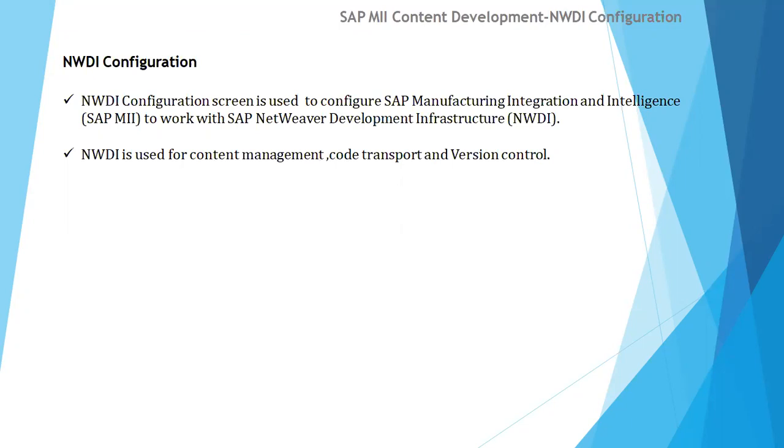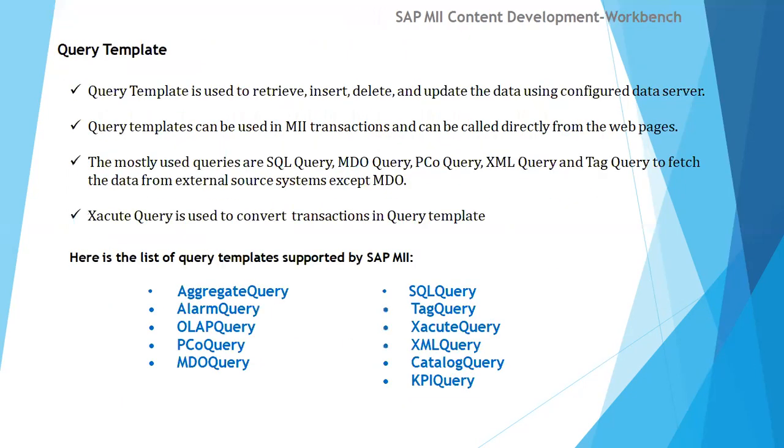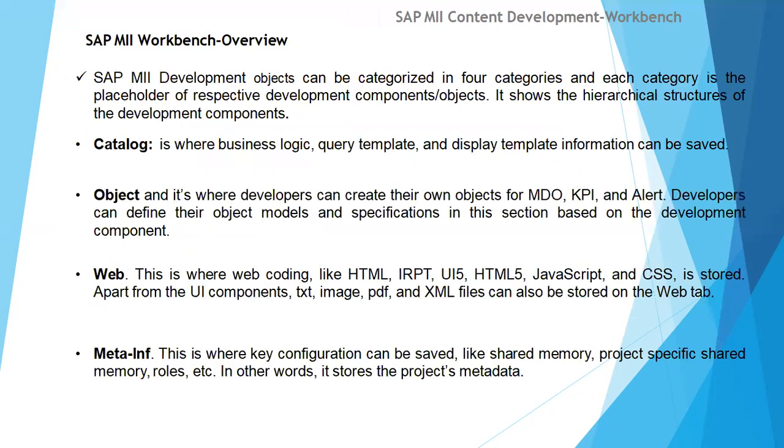To integrate to a development server, you need to provide the NWDI track, and then you have to provide a credential for the NWDI track, and then save it. And then on the workbench, you will be able to see a source control tab, like you see here.